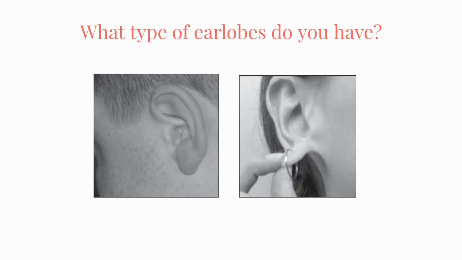So unattached earlobes are actually dominant, and attached earlobes, where there's no gap between the earlobe and the side of your jawline, would be your recessive trait. So some people say that this trait is controlled by a single gene.